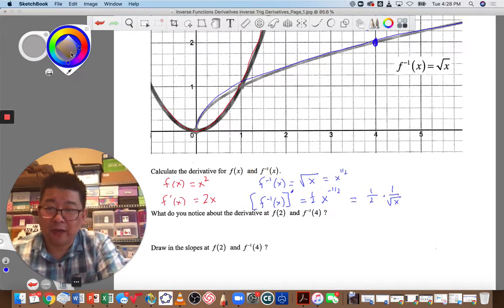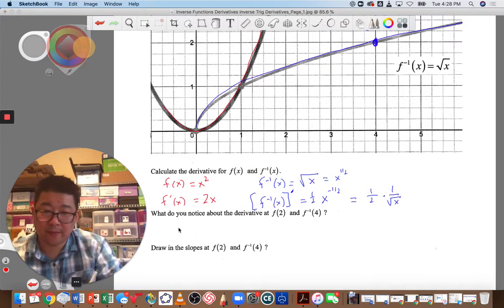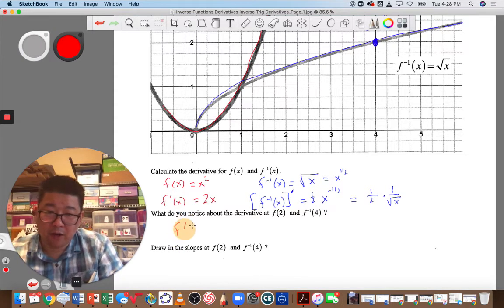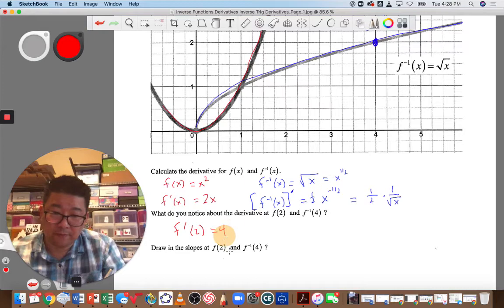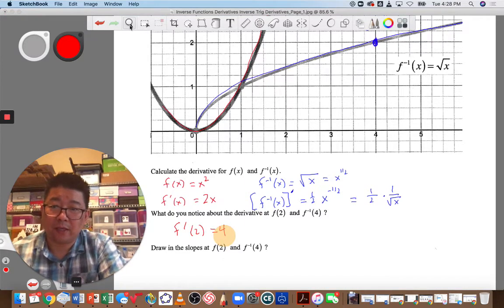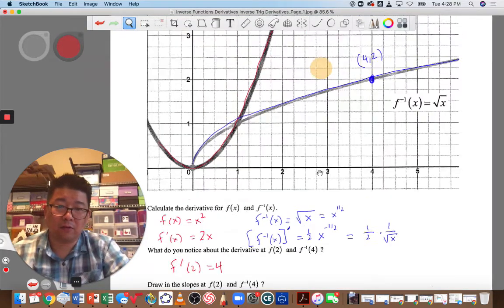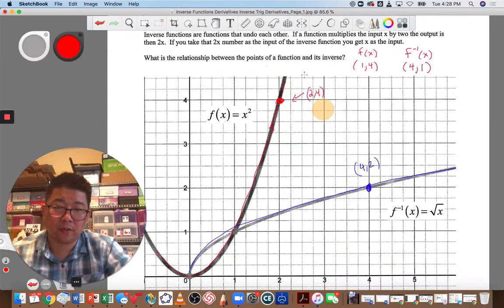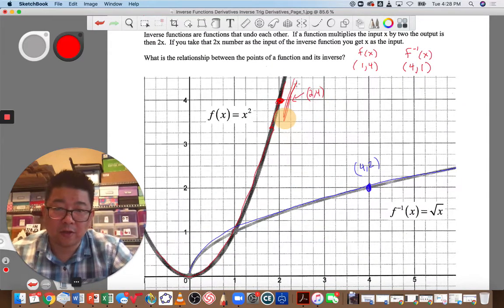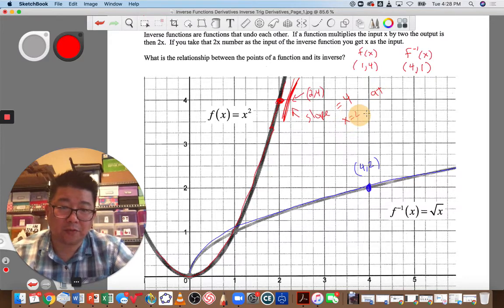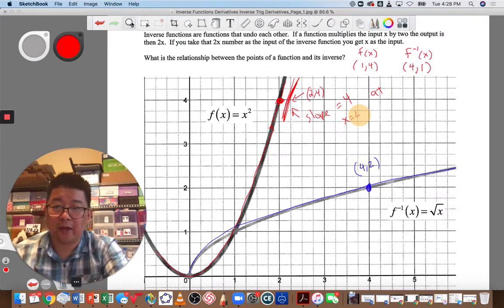We're going to find f prime at 2, the slope, which will be 4. So that means that up here, the slope equals 4 at x equals 2. Okay, so we got that.